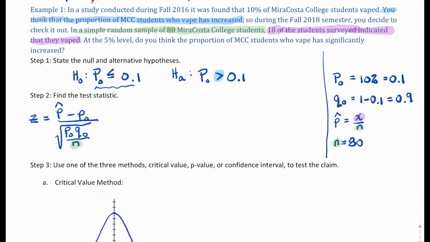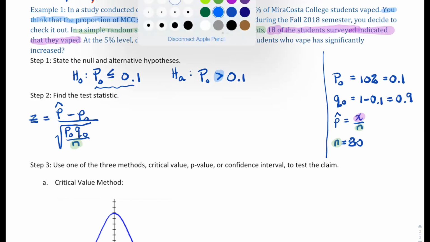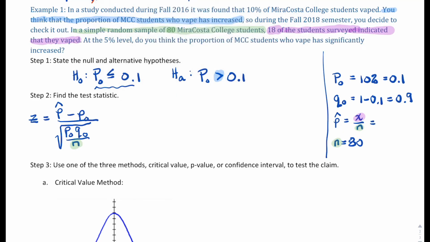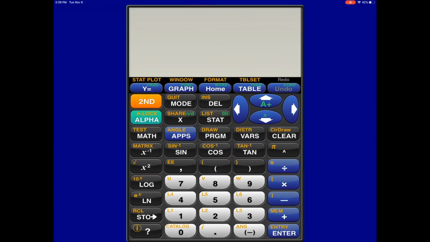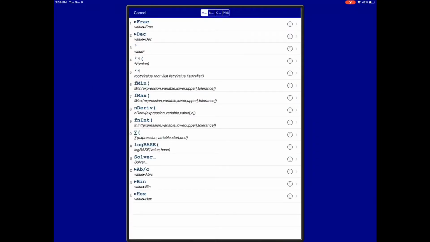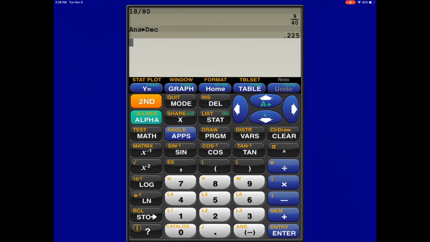So, this will equal 18 over 80, and it's actually exactly 0.225.